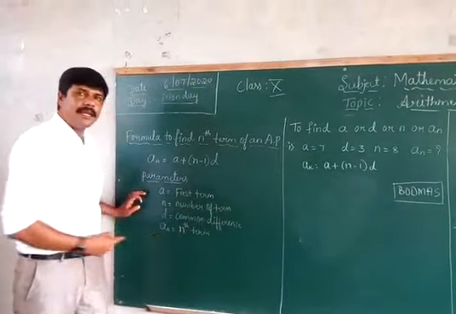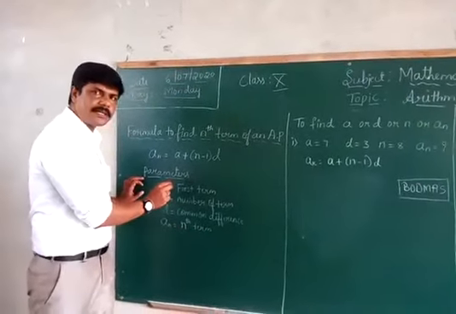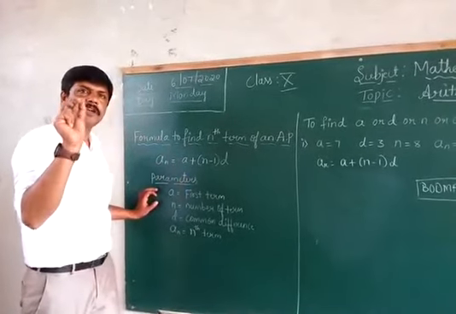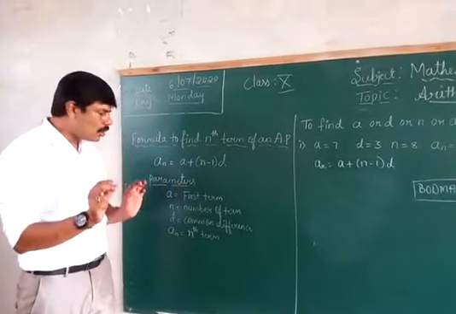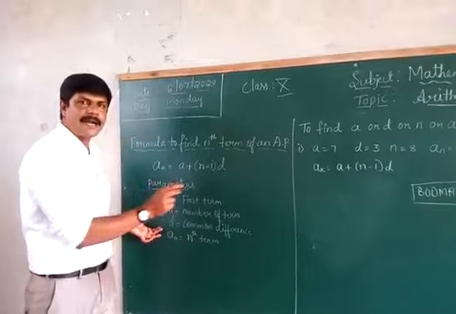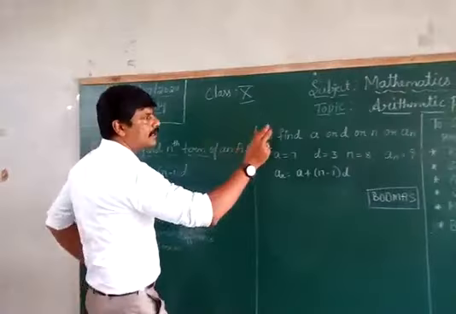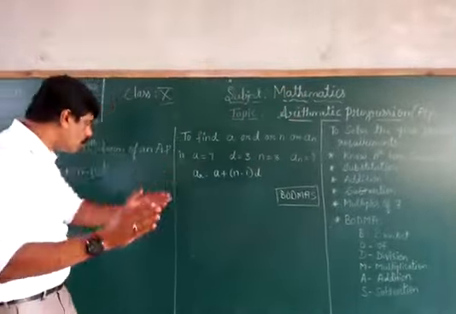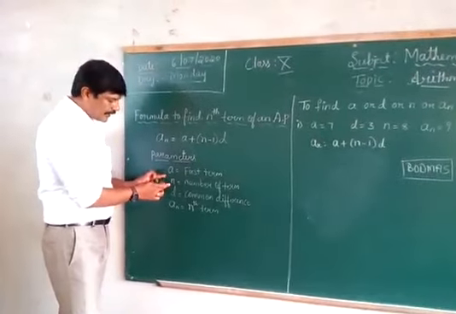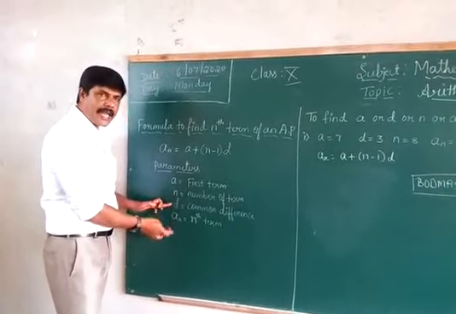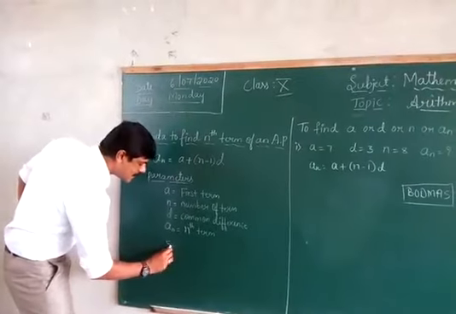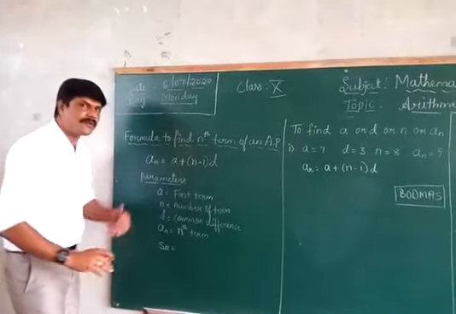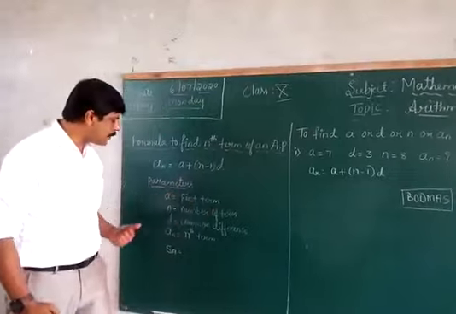We should know the values and meaning of these parameters, which are the parts of arithmetic progression. There is one more thing, that is Sn also, which we will deal with in further aspects.